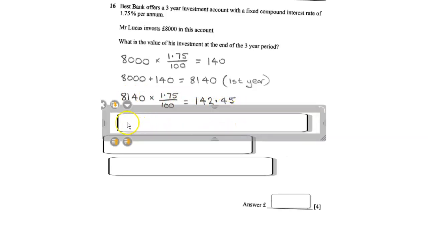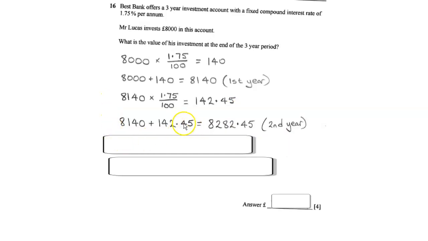That is your interest for the second year, and you add that on. After 2 years, your account should have £8,282.45.